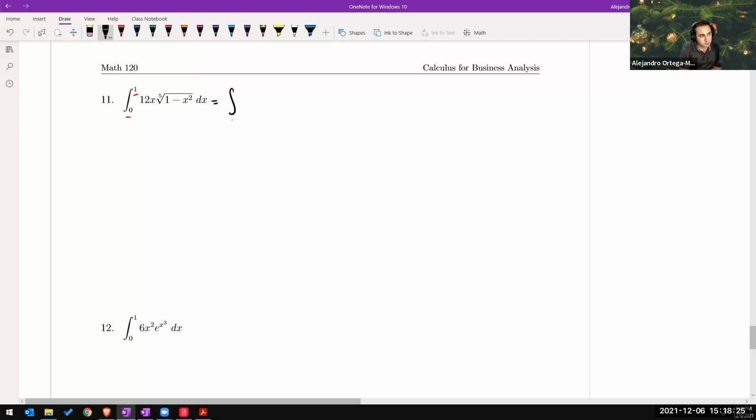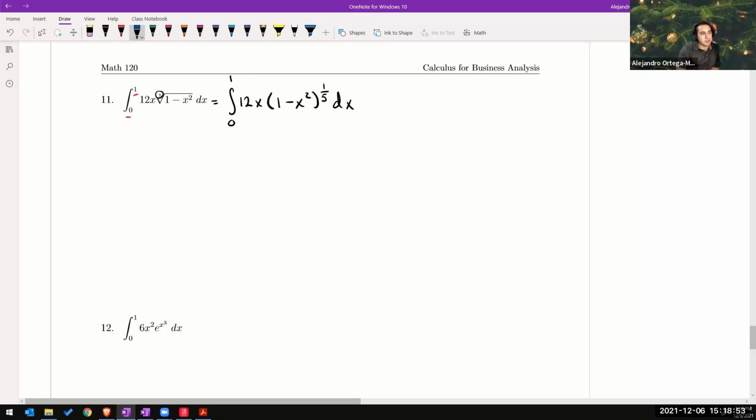So this is the integral from 0 to 1 of 12x times (1 minus x squared) raised to the, if the root is 5, then it's 1 over 5, dx. Okay, so that is the integral without any radicals.